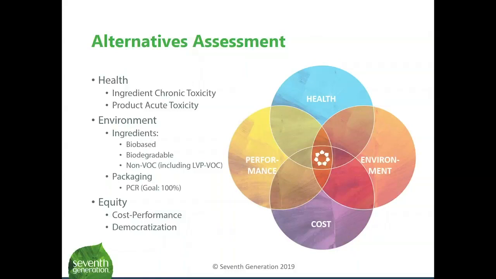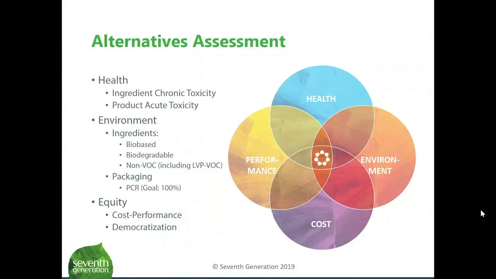And as we all know, there's typically a spectrum of products, whether it's laundry detergents, where you have premium brands and value brands, or automobiles, where you have luxury automobiles and more basic transportation. So what 7th Generation does beyond this cost performance analysis is consideration of the health and environmental aspects of the ingredients we use and the products that we put into the marketplace. Of course, all companies do this also. The question is, do you simply meet regulatory requirements or do you go beyond that?